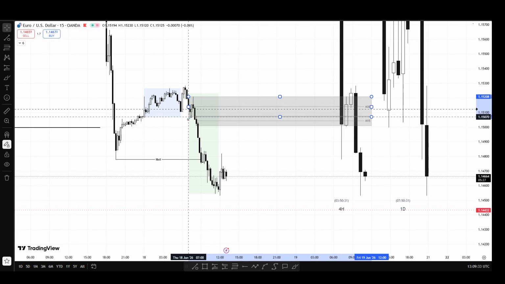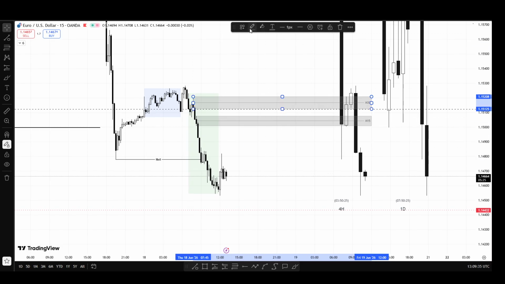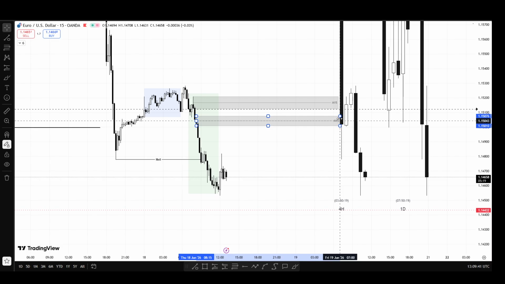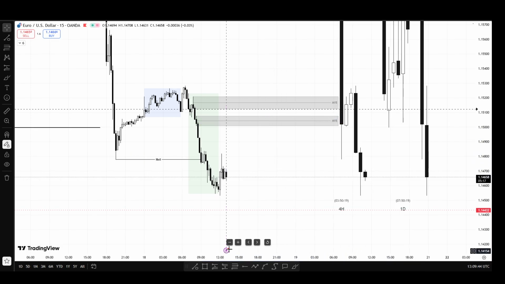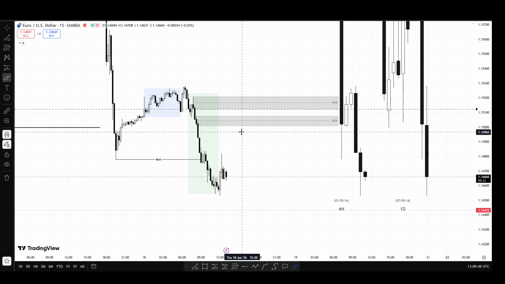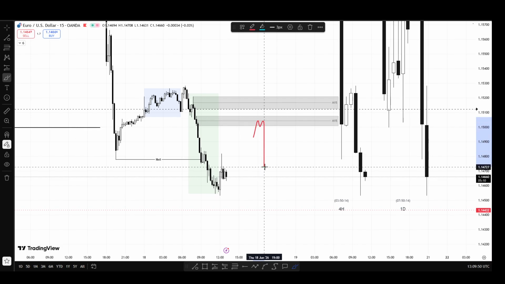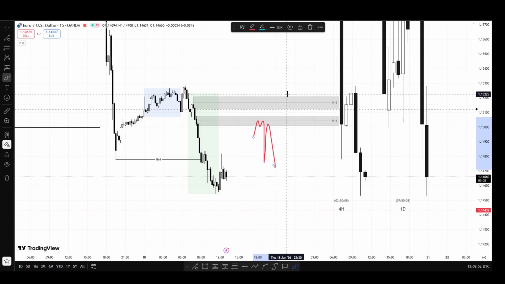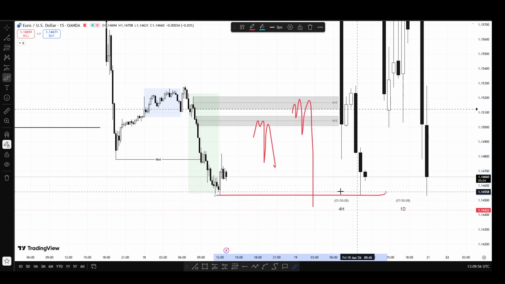So on the 50-minute time frame, we use 50-minute supply zones here because we have an inducement on the 50 minutes. So this is our 50-minute supply zones. So that's the supply zones we'll be looking to then use to sell. Okay. Then we sell to break this low.